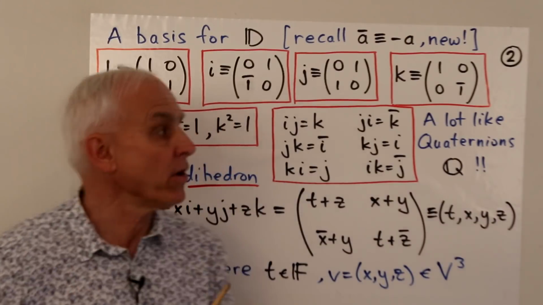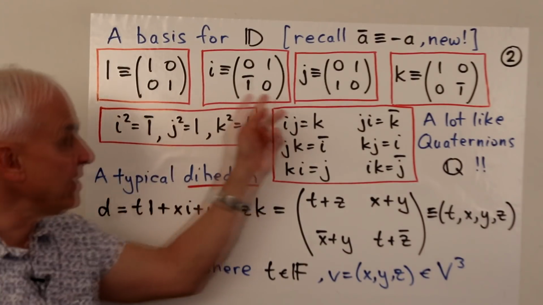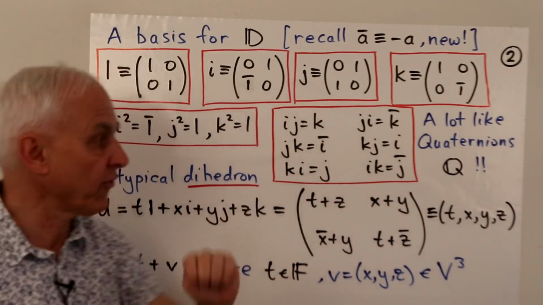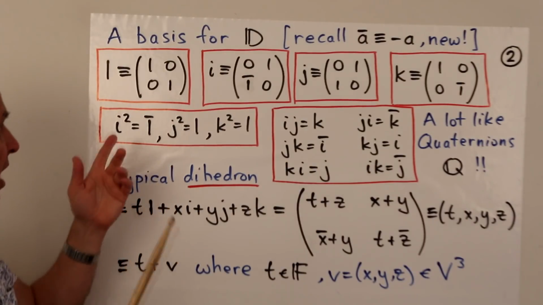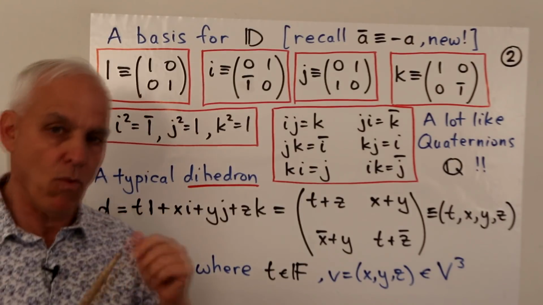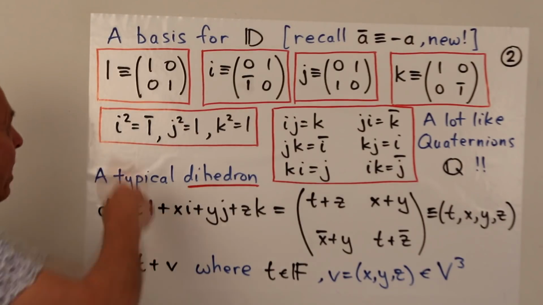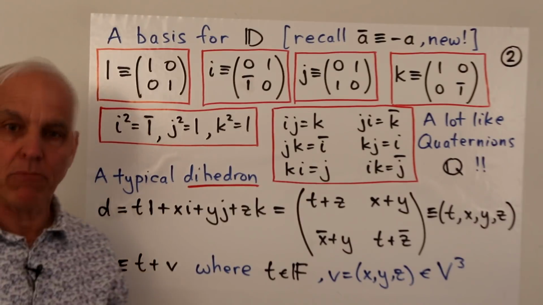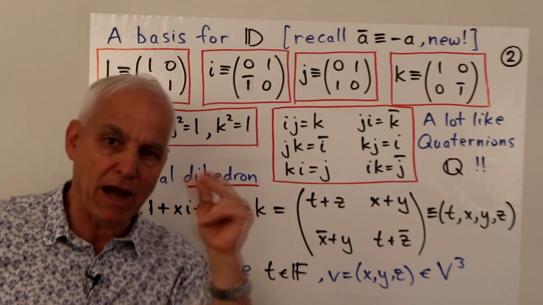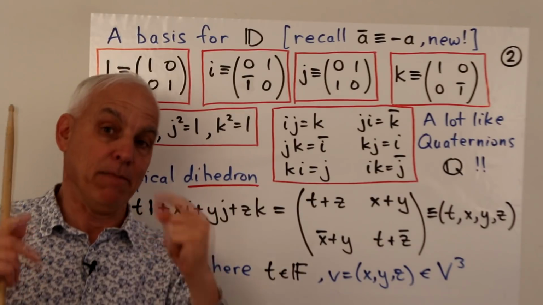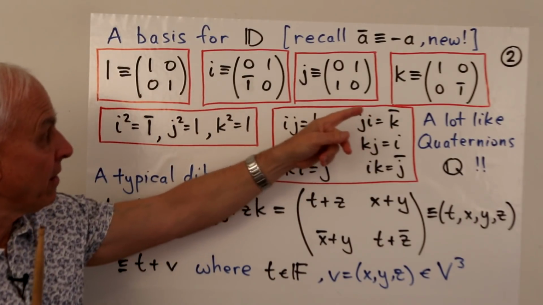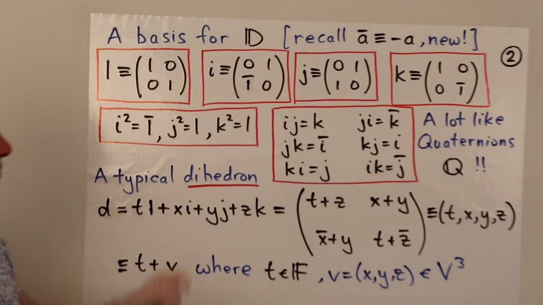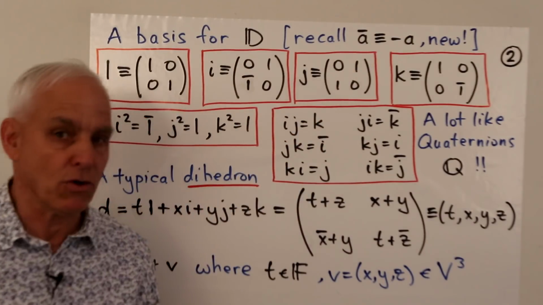Now, a basis for this space of dihedrons, it's a four-dimensional space over our field. A basis for it is given by these important four matrices. So the identity matrix, which is usually called capital I, but we're going to just denote it with a 1. And if necessary, we might make this 1 just a little bit bigger or bolder than usual to remind you that this is our basic identity matrix. And then we have I, J, and K, written also in terms of our spanking new notation.